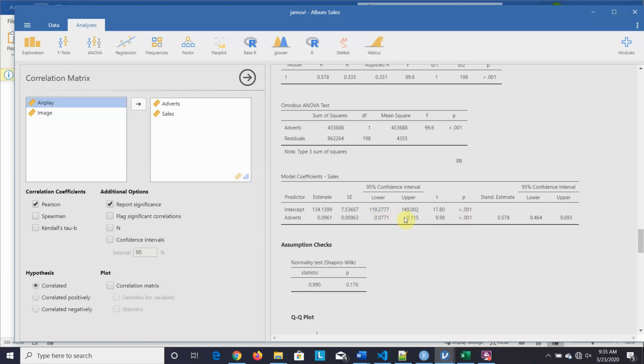So looking at the confidence interval is another way that we can look at those tests and get an idea of how precise our estimates are, how much range there is in there.